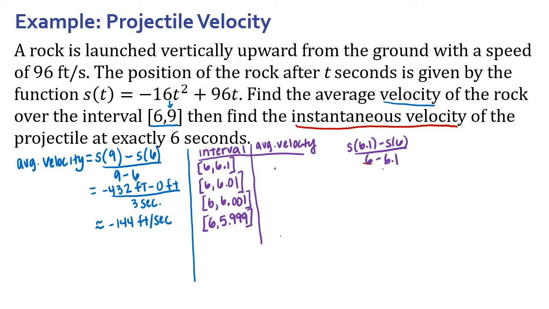So that is going to give us negative 0.976 minus 0 all over 0.1, which is approximately negative 97.6 feet per second.